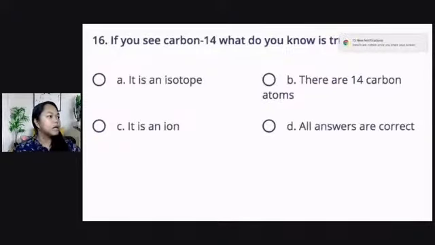Okay, 16. There's A, there's D. Ano kaya yung tamang choice for number 16?